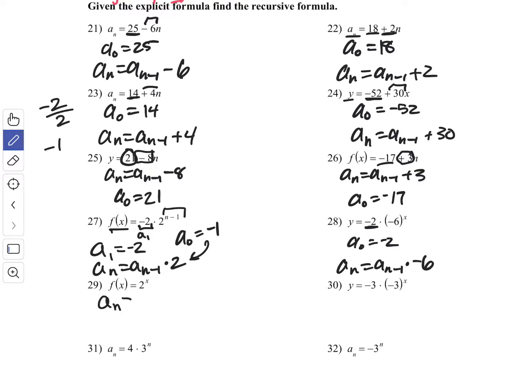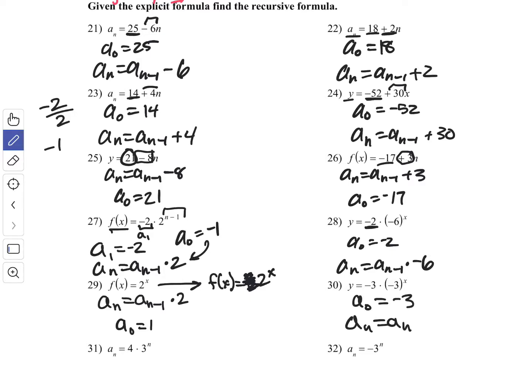Okay, now 29 is just times 2. Okay, so you're like, well, all I have is my next term to get to my previous term times 2. Okay, because it's 2 to the x, which means I'm repeatedly timesing. However, my a sub 0 is actually 1, because I could rewrite that as 1 times 2 to the x, because timesing by 1 doesn't change anything. So if you don't see it, okay, you got to recognize that part.